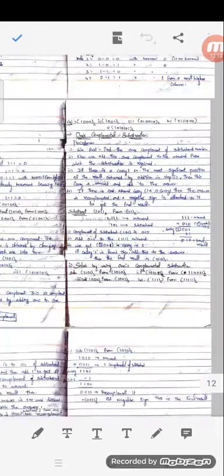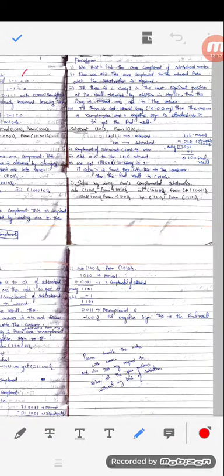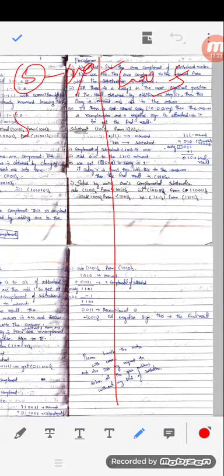Now, how do we find 1's complement subtraction and 2's complement subtraction? For 1's complement subtraction, take the subtrahend and minuend, find the 1's complement of the subtrahend and add it to the minuend.